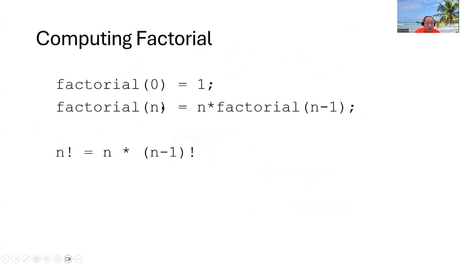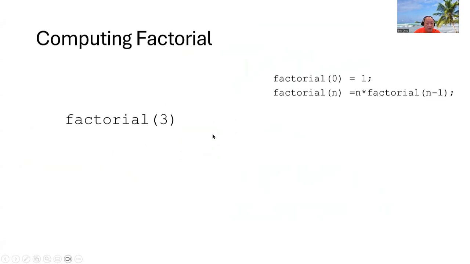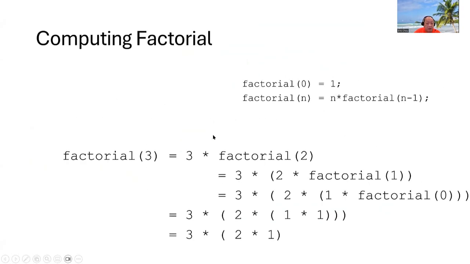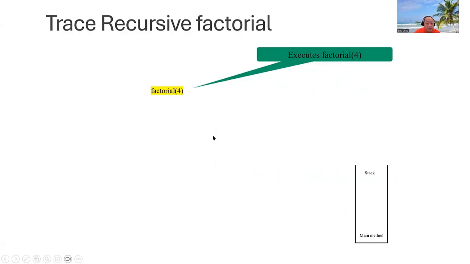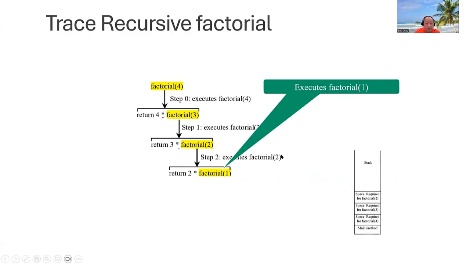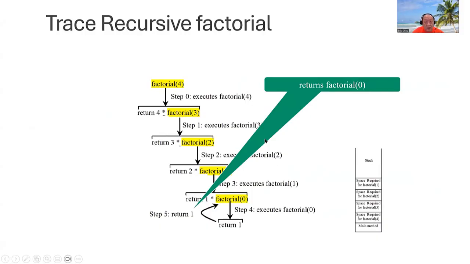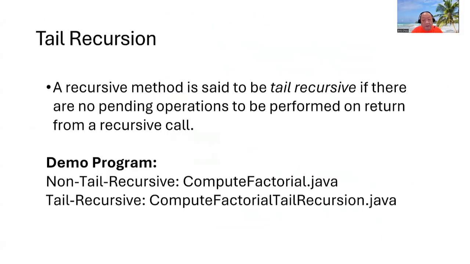Right now, this one is the non-tail recursion version. So you keep pushing your data into your stack and pop out whenever you finish. In the tail recursive version, you will actually optimize it.